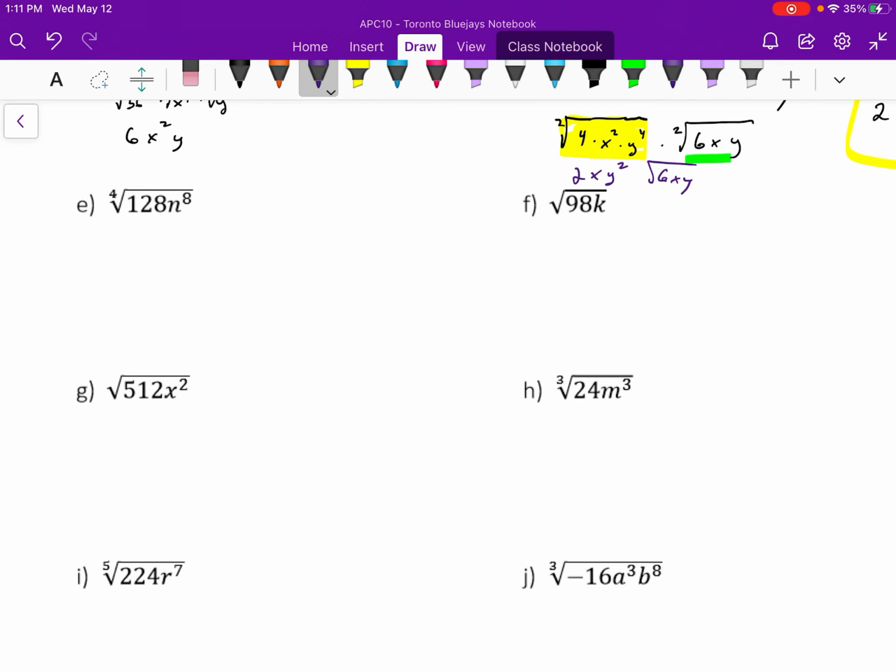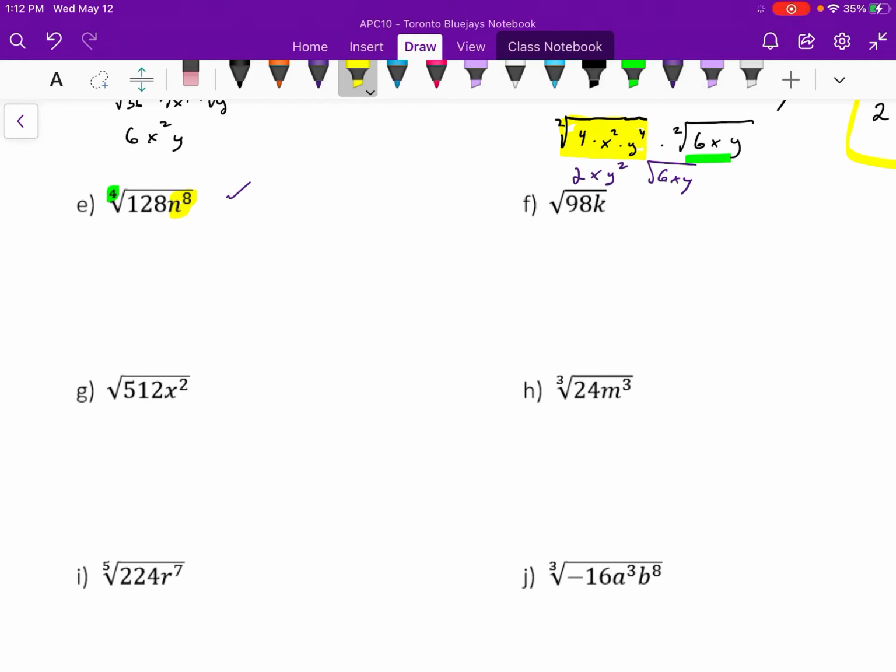So I'm going to take this one. This one's not very nice. Now, by the way, my index is 4. So I have to break up this n to the power of 8 so that the exponent is divisible by 4.